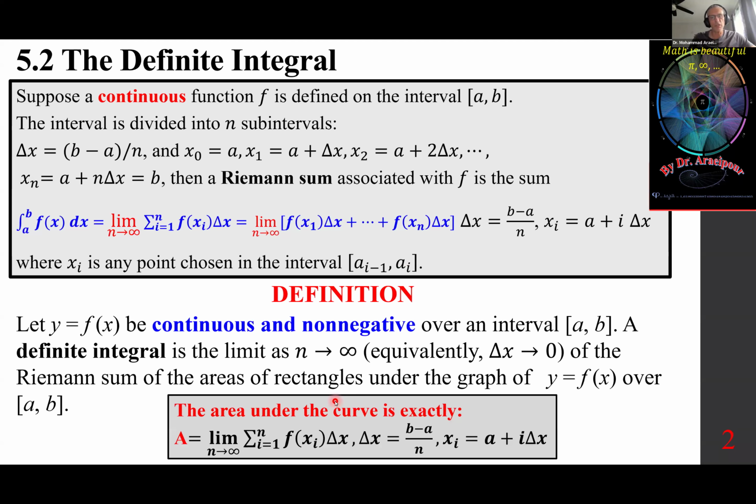So the area under the curve has this definition, the integral from a to b of f of x dx, or this limit, the limit as n approaches infinity of the summation, i going from 1 to n, of f of x sub i delta x. Delta x is (b minus a) over n, and x sub i is a plus i delta x. And again, this represents the area if f is non-negative. Otherwise, it represents the difference of areas.